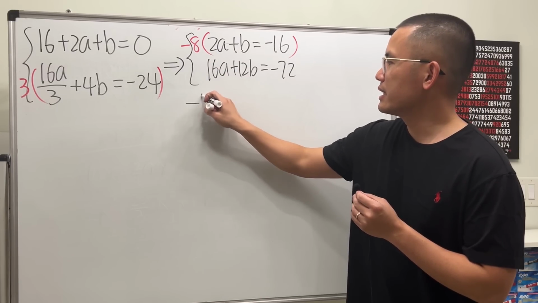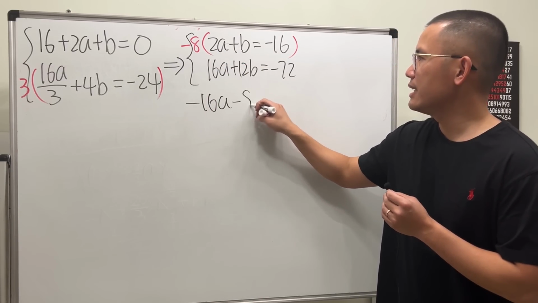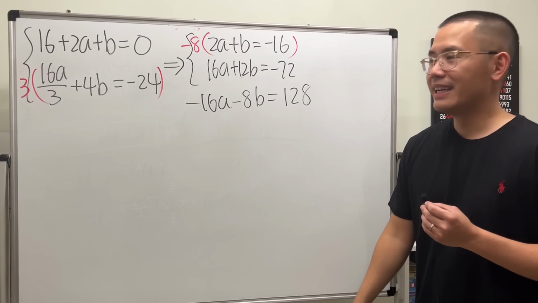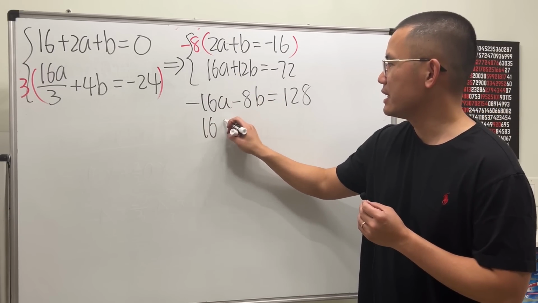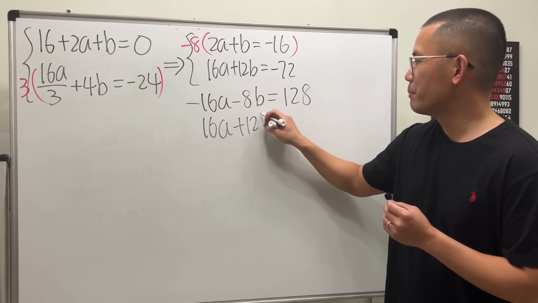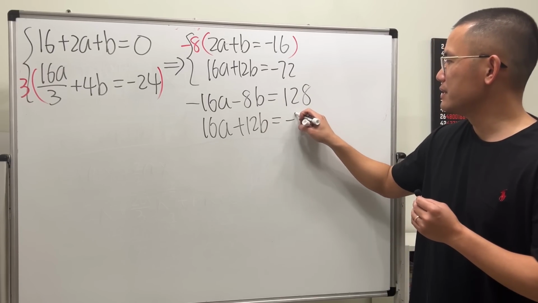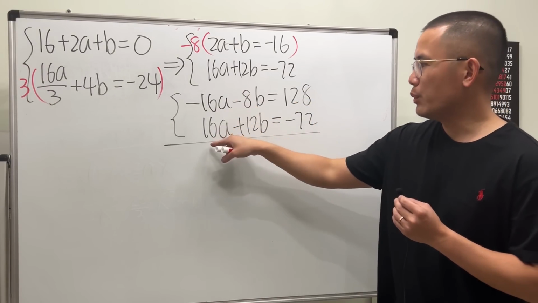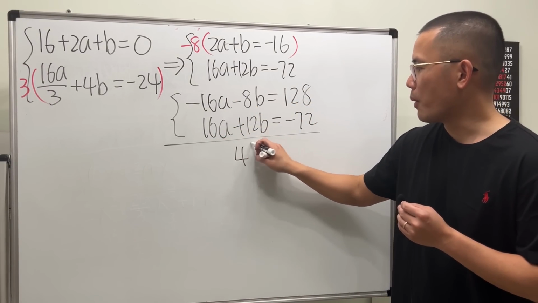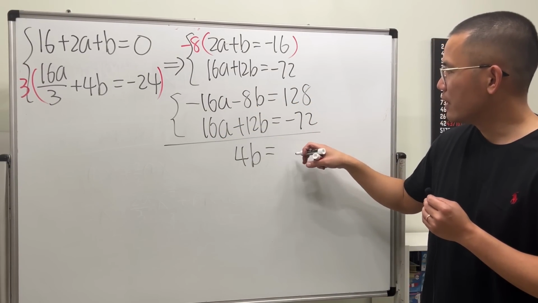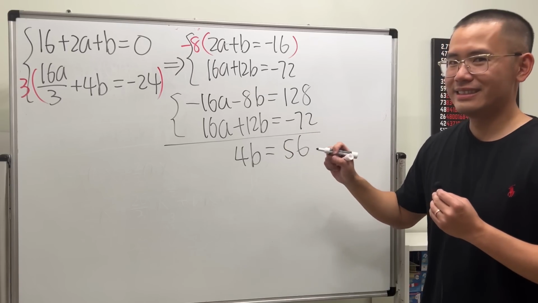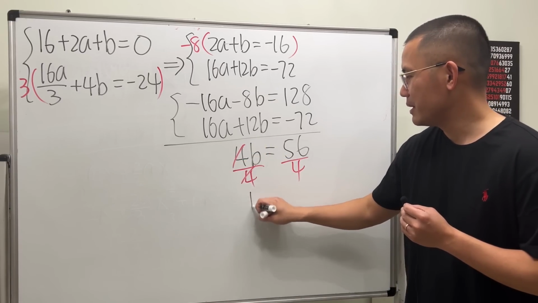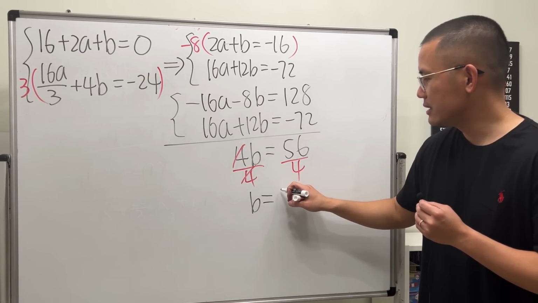So we will get negative 16a minus 8b equals positive 128. And then right here we will have 16a plus 12b, and that's equal to negative 72. Now we just have to add them up. They will cancel. This right here gives us 4b, and that will give us 56. And then divide both sides by 4, and then b is equal to 14.